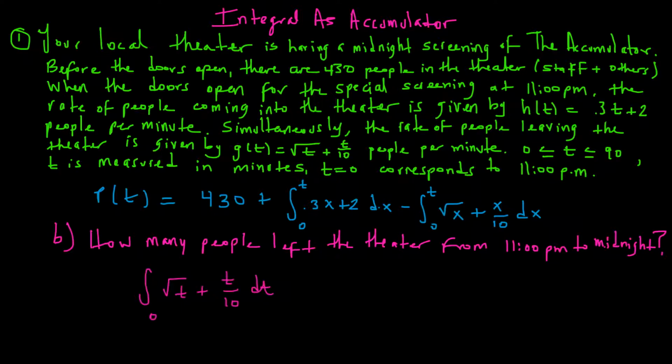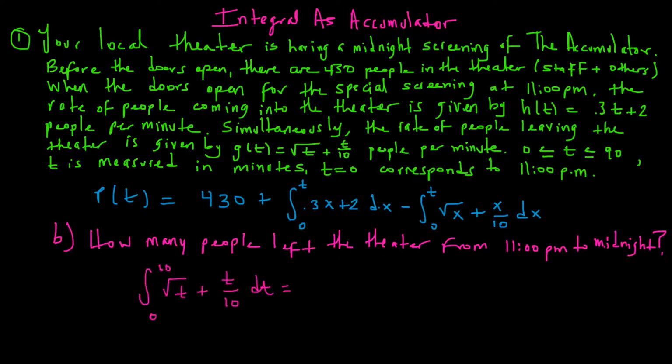And midnight would be an hour later, but let's be careful, don't put from 0 to 1. Time is measured in minutes, they said, so then it's from 0 to 60 minutes later. So the integral from 0 to 60 of the square root of t plus t over 10, which is my rate of loss. When I integrate a rate of loss, I will get the amount lost, and because it's from 0 to 60, that happens from 11 p.m. to midnight.